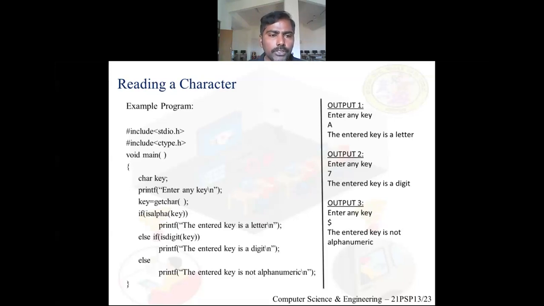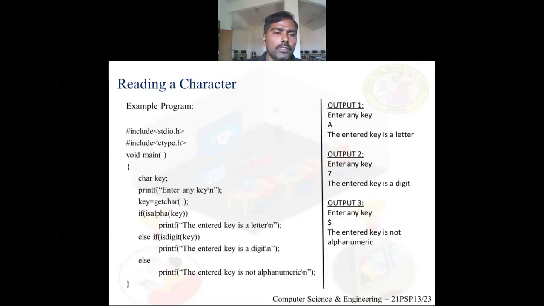Got it? Now let me come to the implementation. Since I am making use of the printf statement, I am including the header file stdio.h, and since I am making use of the getchar function, I am using ctype.h.